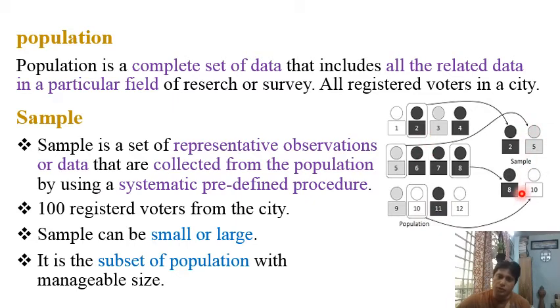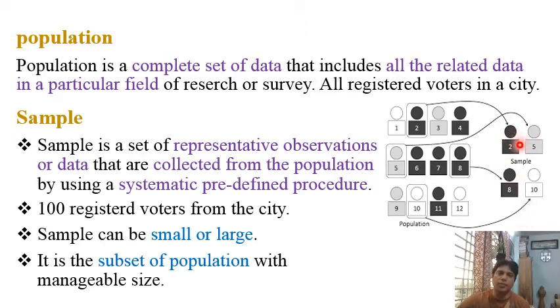So these 4 people are the representing figure of this population. The representing amount of data is the sample in a particular population. So what is a sample? A sample is a set of representative observations or data that are collected from the population. And how are these data collected?